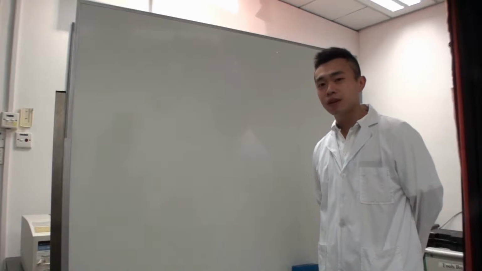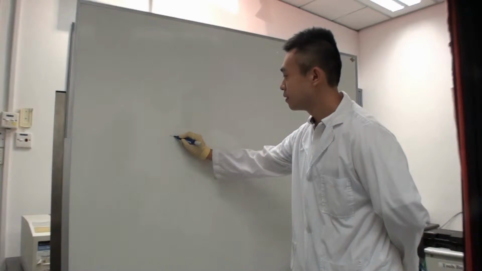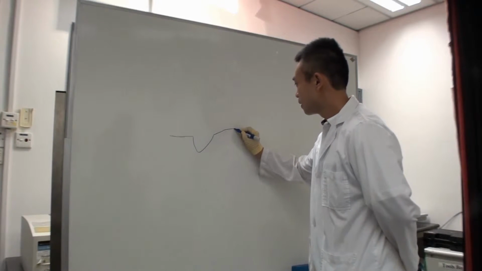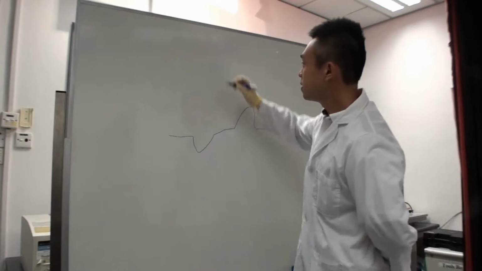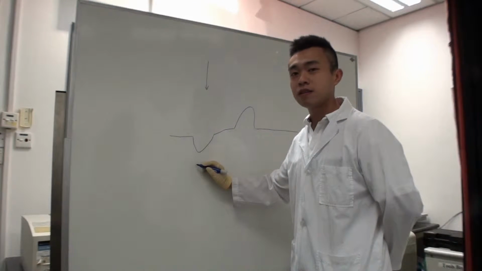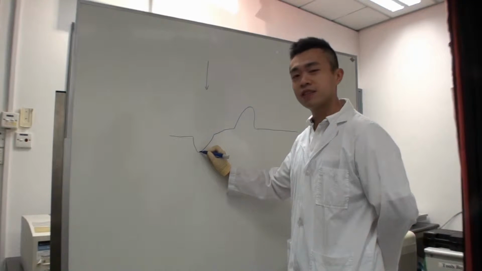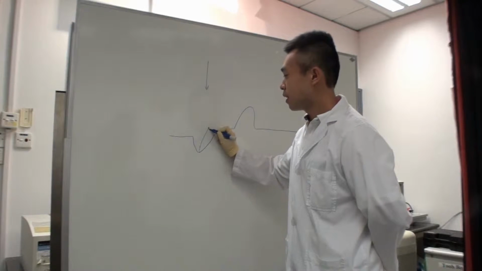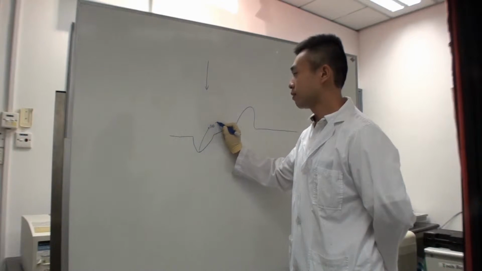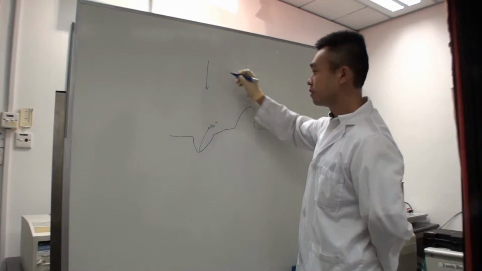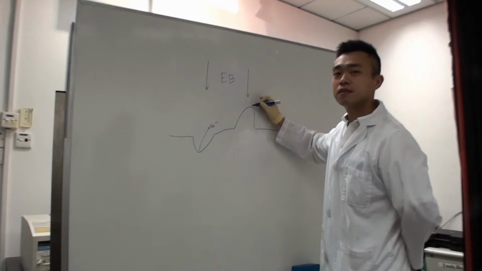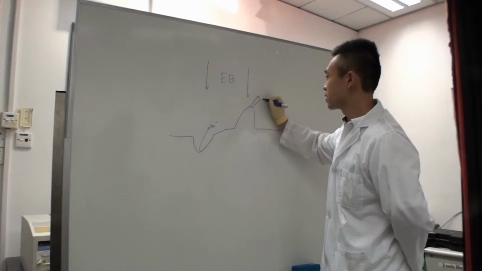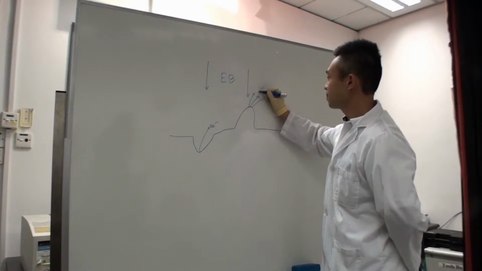How do we take advantage of secondary electrons? As I just said, the secondary electron has an interaction volume very near the surface of the specimen. The surface of the specimen is uneven. It may have lower parts and higher parts. When the electron beam comes to a lower part, it is harder for the electrons to reach the detector, so few secondary electrons will be emitted. At a higher part, there is higher energy, so more secondary electrons will be emitted.